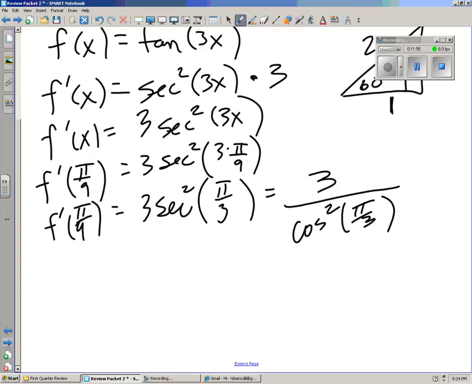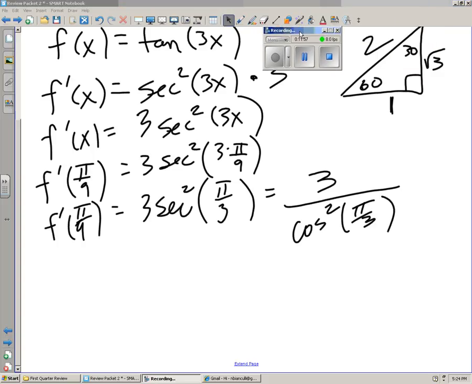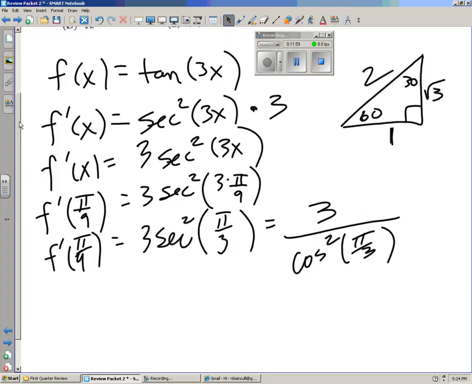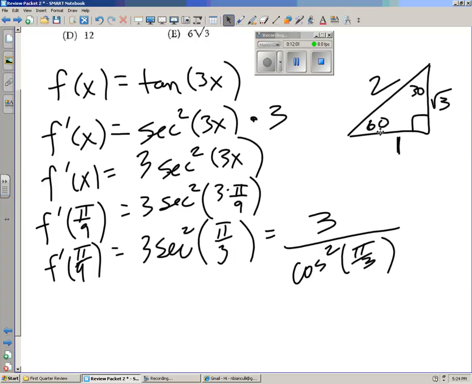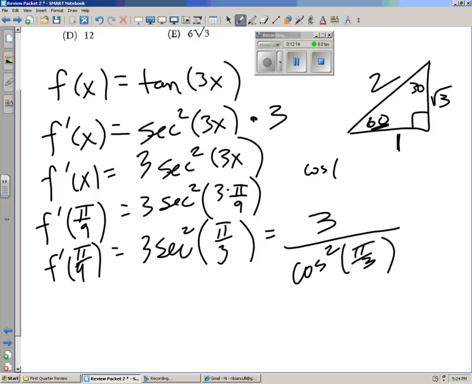And cosine is adjacent over hypotenuse. So if we're at 60, our adjacent side is 1, and the hypotenuse is 2. So the cosine of pi over 3 is really 1 over 2.